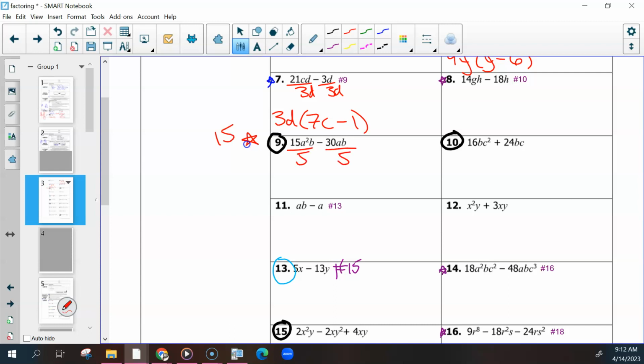Do they have variables in common? Yes, which ones and how many of each? A and B, how many A's, how many B's? 1 of each. So if I divided 5AB from both, what would be left?